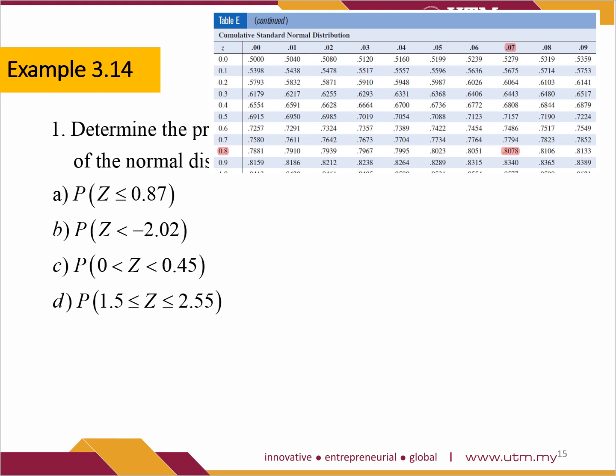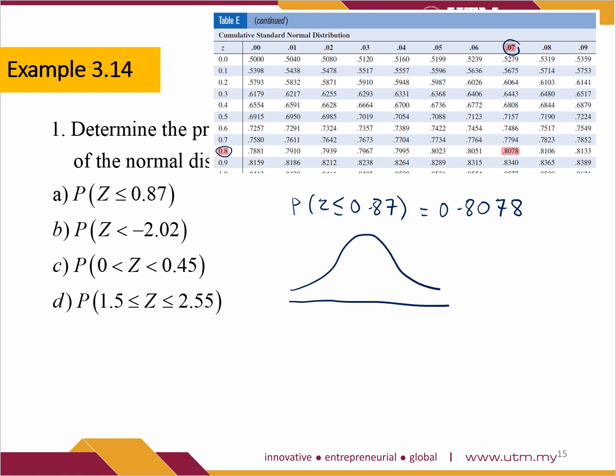So to find Z less than or equal to 0.87, you will find in the table 0.87 would be 0.8078. If we draw this graph, here is our 0, so the Z value is 0.87. We need to find the area that is less than 0.87.